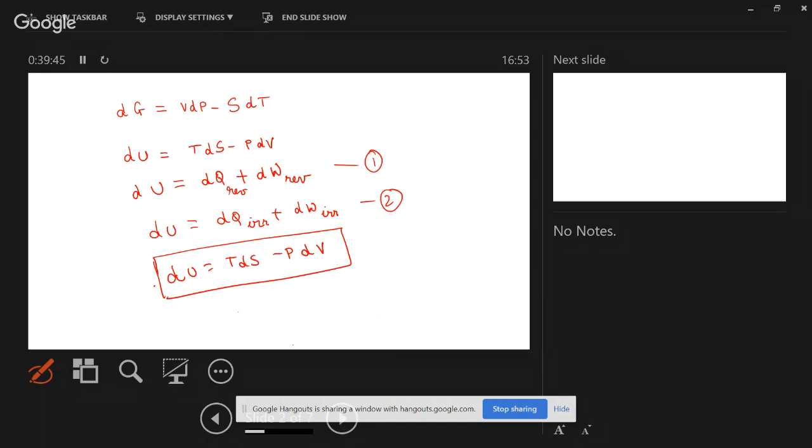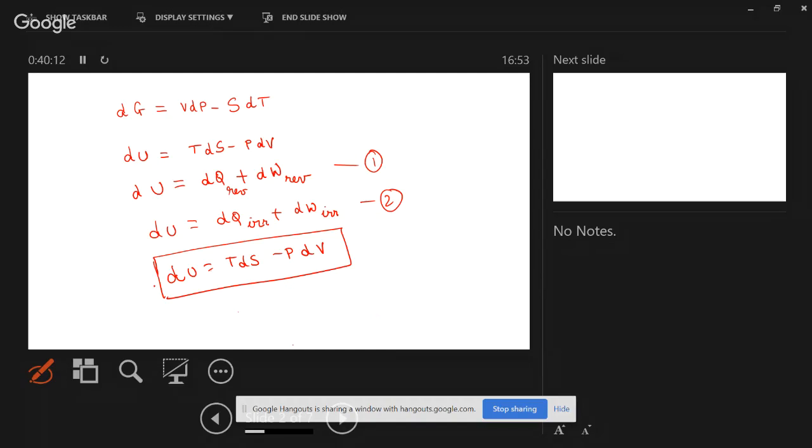Now, coming to the first part of your question, what is the significance and importance of entropy? Remember, in one of the lectures we talked about entropy generation. We did an entropy balance and wrote an equation for entropy generation.